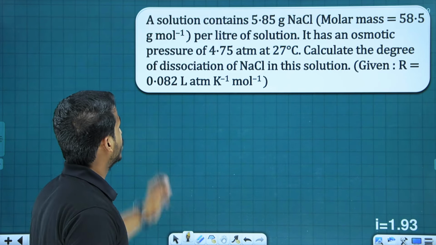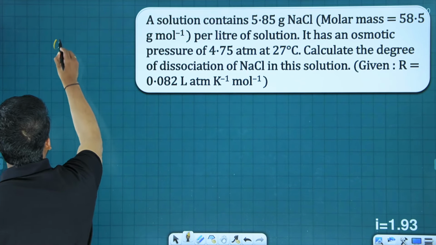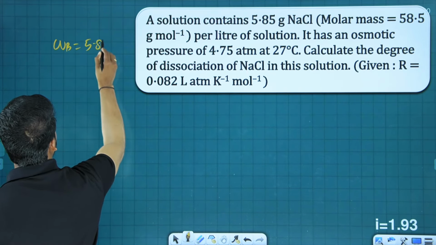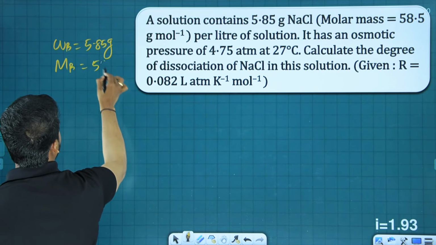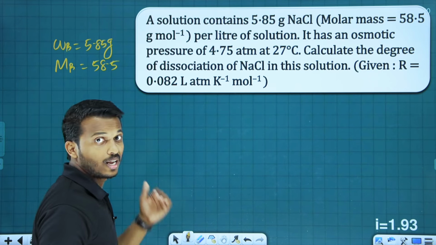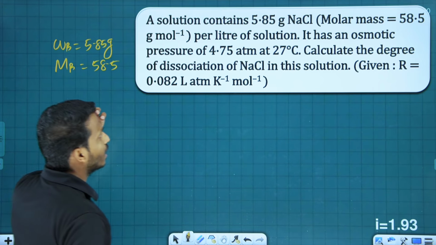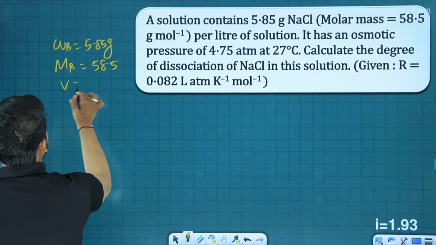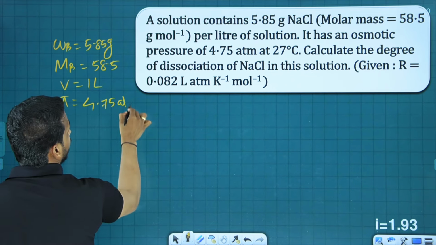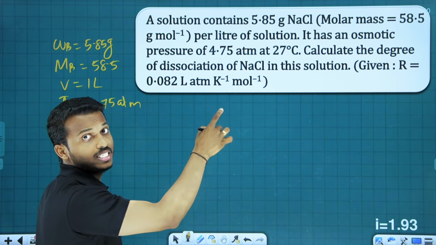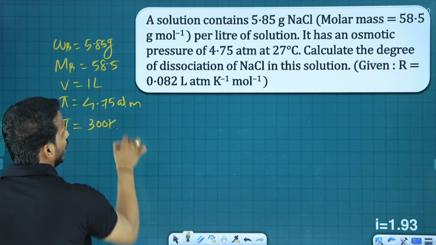Another one. A solution contains 5.85 gram NaCl. So the weight of solute is given here, 5.85 gram. Ready? Molar mass MB is given, 58.5, per liter. So the volume of the solution is 1 liter. It has an osmotic pressure given as 4.75 atm at a temperature of 27 degrees Celsius, in Kelvin plus 273, around 300 Kelvin.